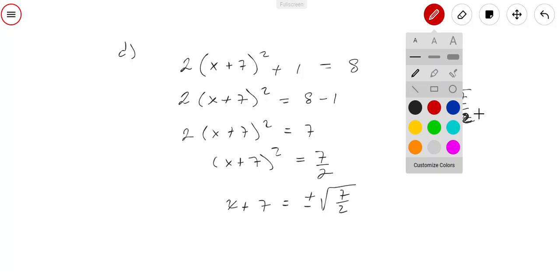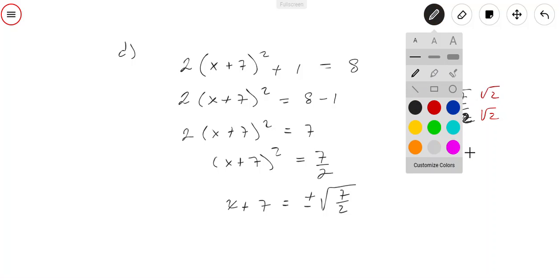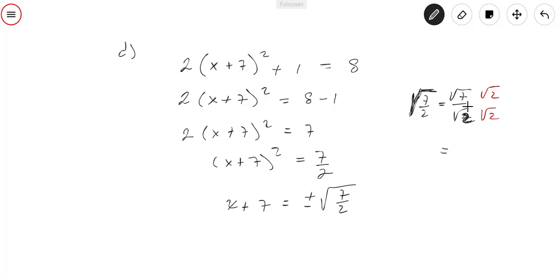So I will rationalize by multiplying the numerator and the denominator by that radical that is in the denominator. So I multiply by the square root of 2 over the square root of 2, and this becomes the square root of 7 times 2, so the square root of 14, over the square root of 2 times the square root of 2, which is the square root of 4, which is 2. So I will be able to rewrite the square root of 7 over 2 as the square root of 14 over 2. So I'm going to say that x plus 7 equals plus or minus the square root of 14 over 2.